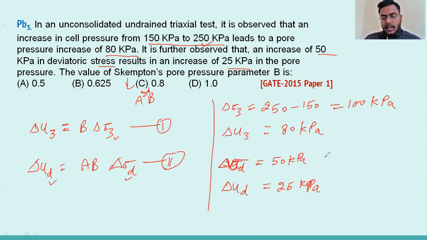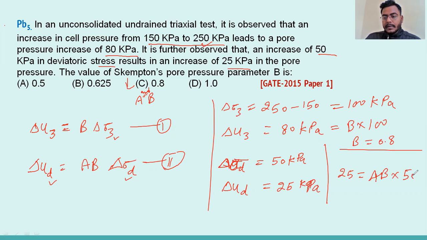Now we can use the equation. So 80 is equal to B into 100, so B will be 0.8. Now 25 is equal to A into B into 50. So AB we get 0.5, and B we have 0.8, so A we get 0.5 divided by 0.8, which is 0.625.